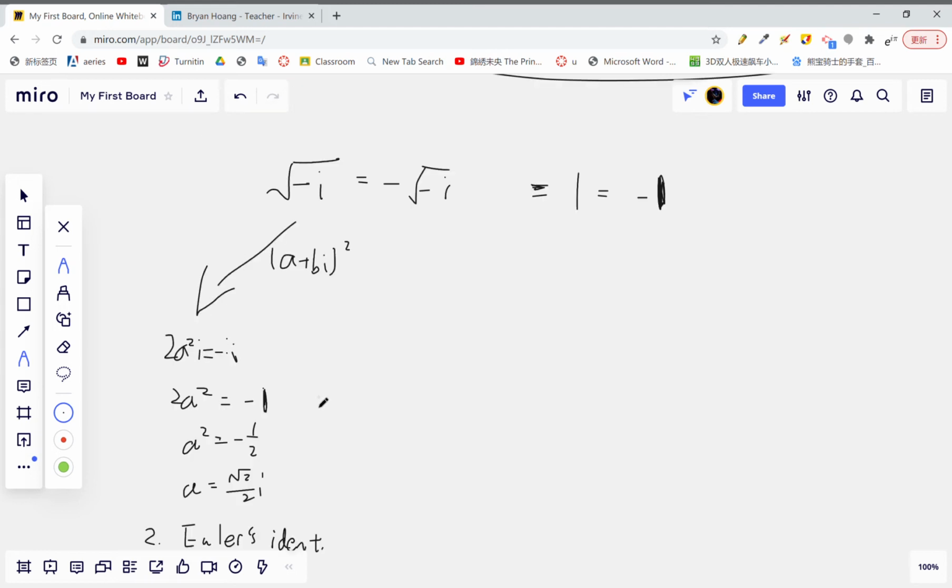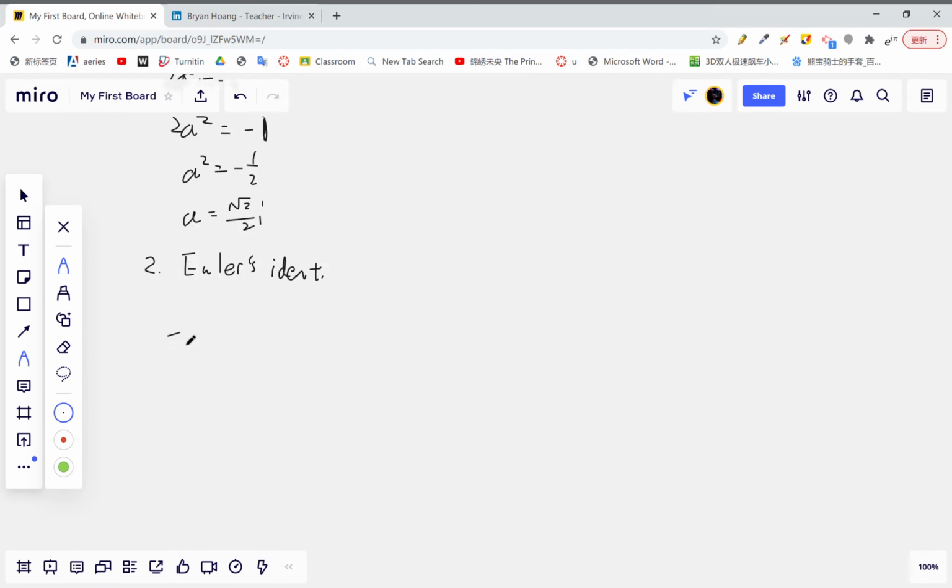Euler's identity, okay? So we get negative i is just equal to 270 degrees in a complex plane, okay? So we use the exponent property, which means e to the 2n pi i is equal to e to the 3 over 2 pi i, right?